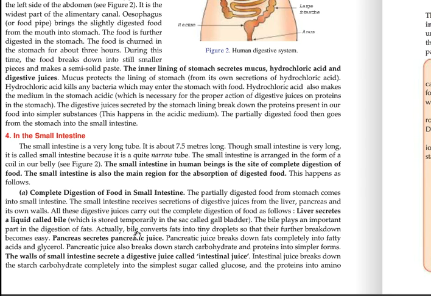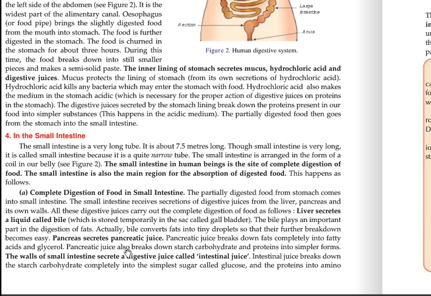This pancreatic juice is called insulin, which is not mentioned in this book, but the juice secreted by the pancreas is called insulin, and it breaks down the fat molecules completely into fatty acids and glycerol.